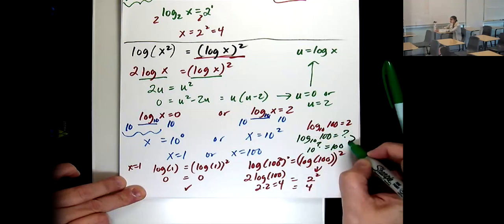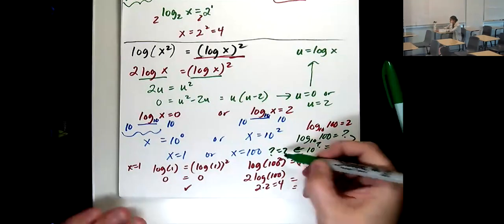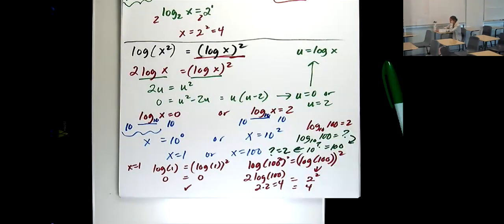So the question mark equals 2. I'm going through some steps quickly there, but with a calculator, you can do it right away. So both of them work. That's pretty nice.